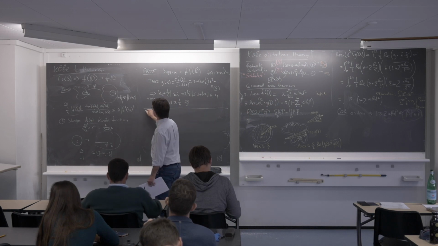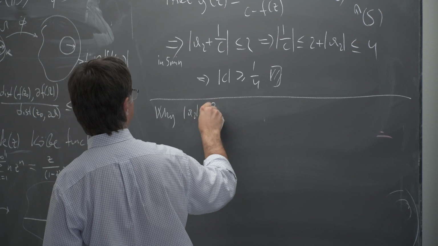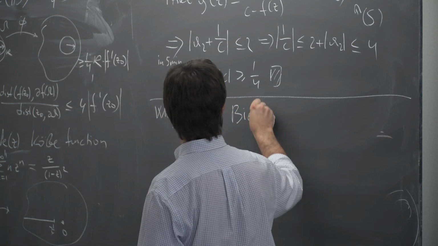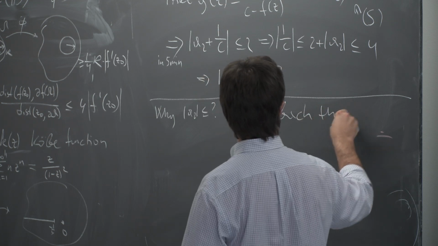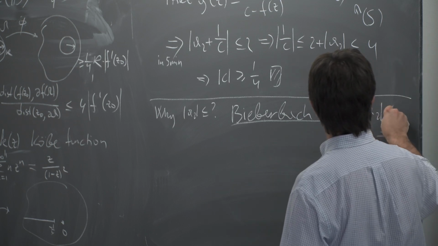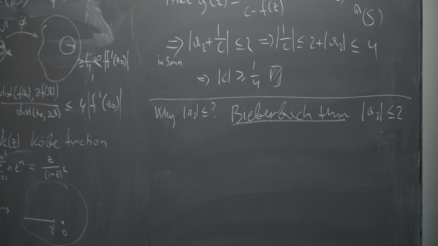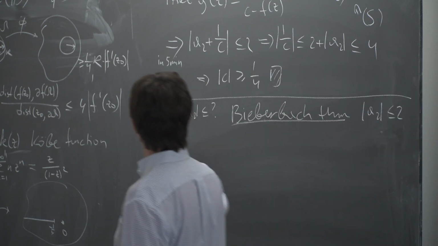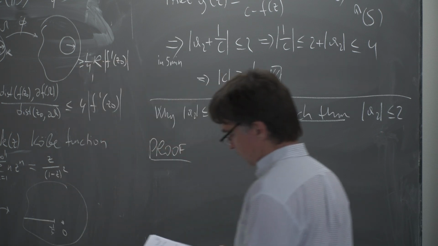So why is a2 no more than 2? This is called the Bieberbach theorem. The proof goes like that. The proof reduces to this area case.